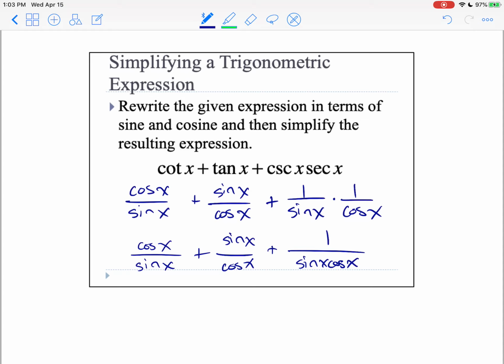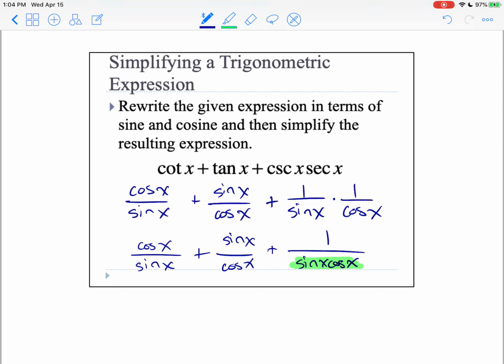Now, common denominators cannot be any smaller than the biggest denominator that's out there. So the biggest denominator out here is sine of x minus cosine of x. That is our big denominator, this one right here. Okay? And we can't choose anything that's smaller than that.